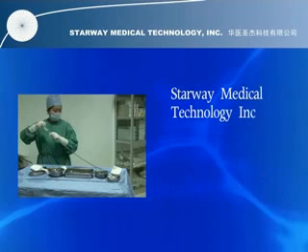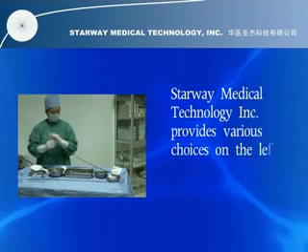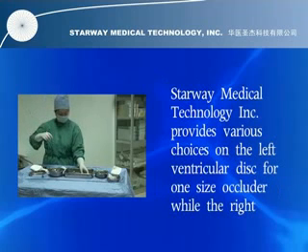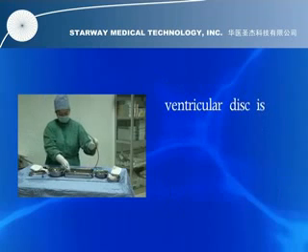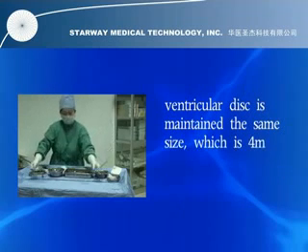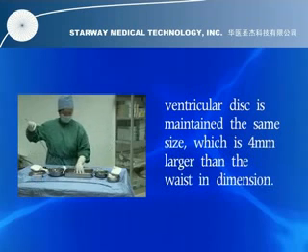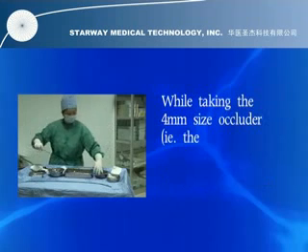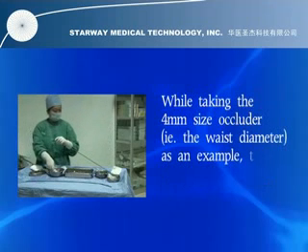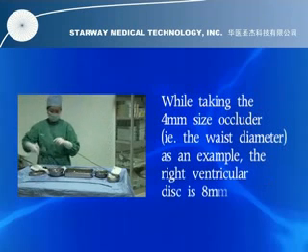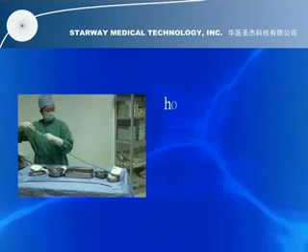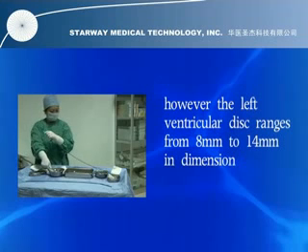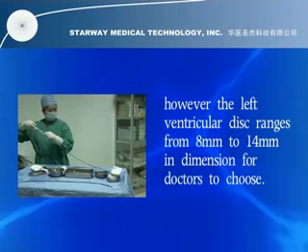Starway Medical Technology Incorporated provides various choices on the left ventricular disc for one size occluder, while the right ventricular disc is maintained at the same size, which is 4 mm larger than the waist in dimension. Taking the 4 mm waist diameter occluder as an example, the right ventricular disc is 8 mm. However, the left ventricular disc ranges from 8 mm to 14 mm in dimension for doctors to choose.